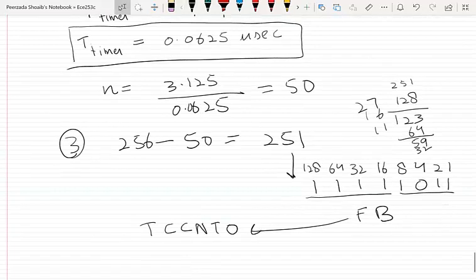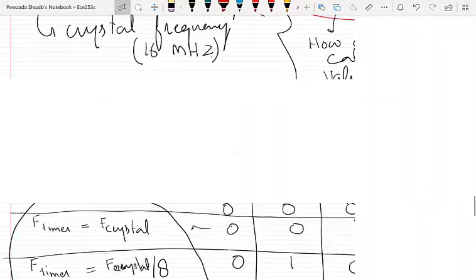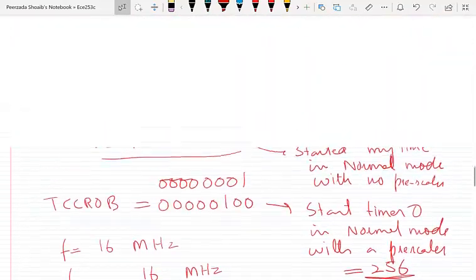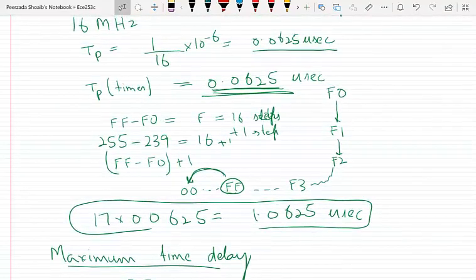Now we again have to generate this square wave, and since the duty cycle is 50%, we will be on and off for equal amounts of time. The program will be similar to this one, only the values loaded into the registers of the timer will change.